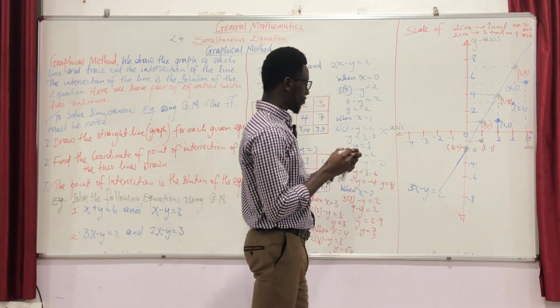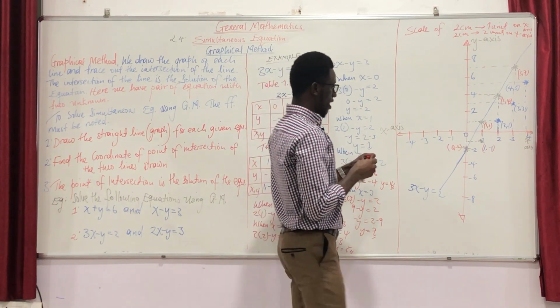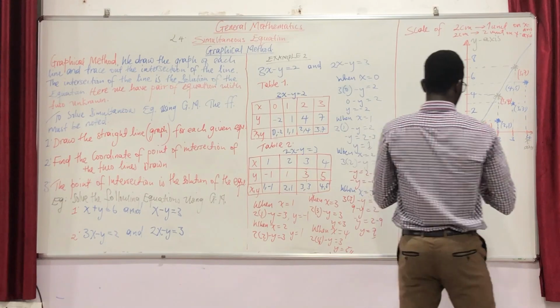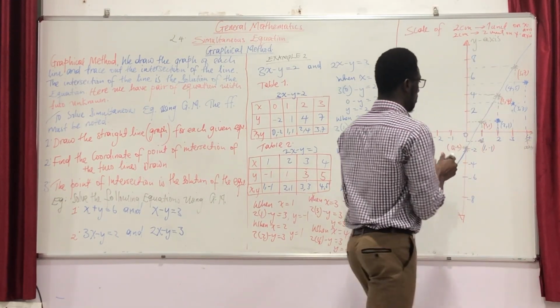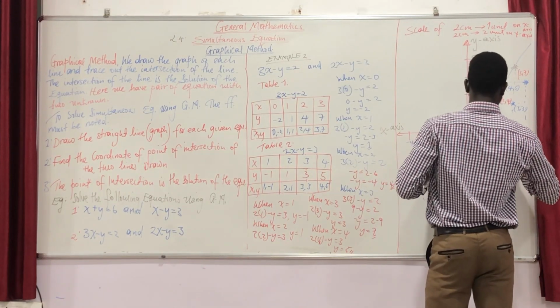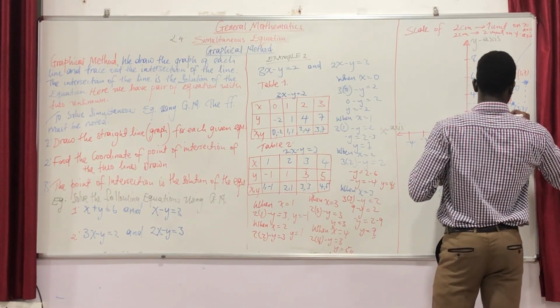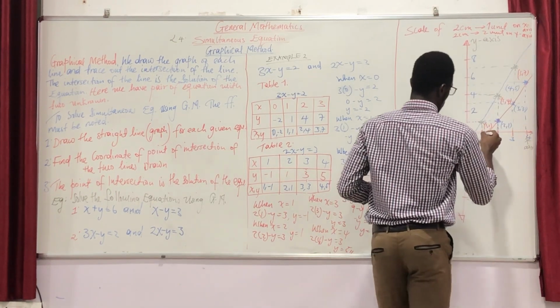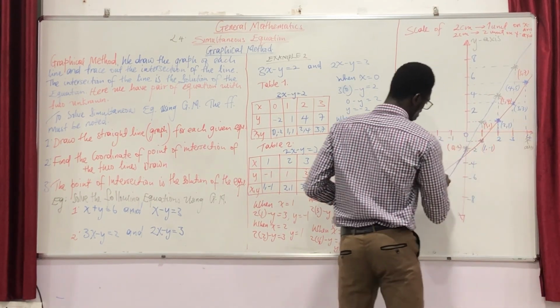So now again we try to join these points together. Make sure the 2 lines intersect. So if we draw this line now, let's see. Join this to this, this to this. Then trace this one.